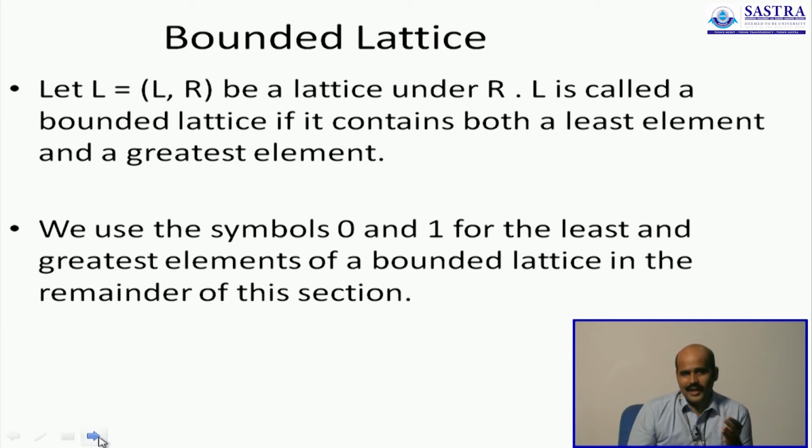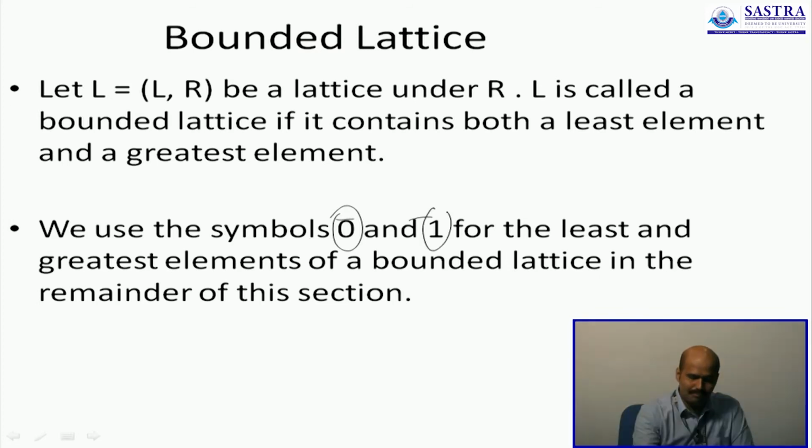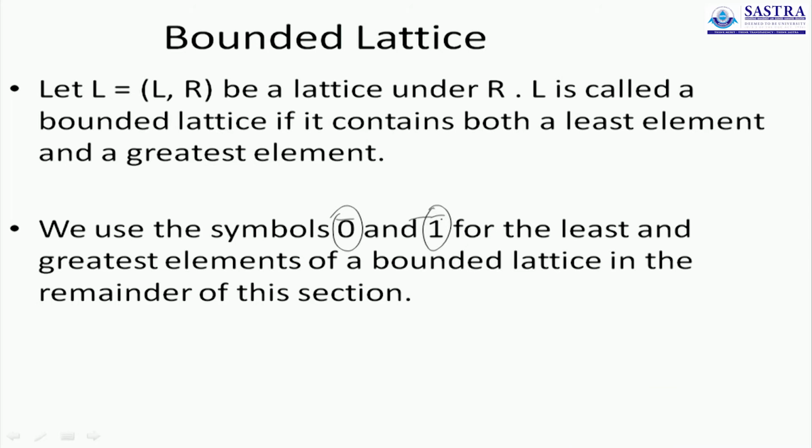Further, a lattice L, once again with all necessary conditions to be met, is called a bounded lattice if it contains both the least element denoted by the symbol 0 bar and the greatest element denoted by the symbol 1 bar within itself.